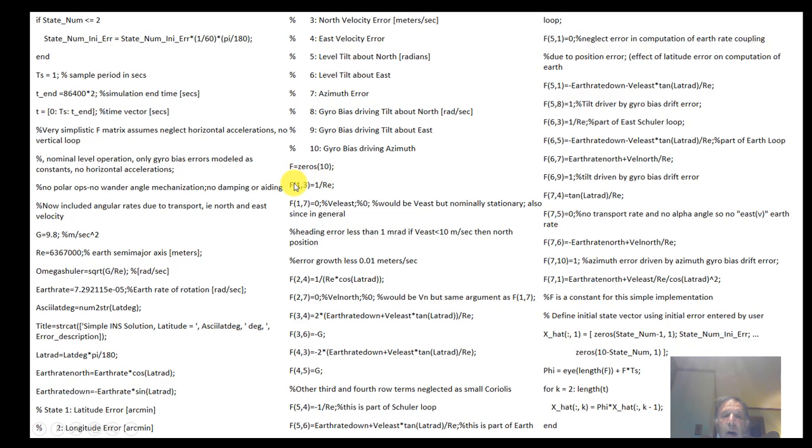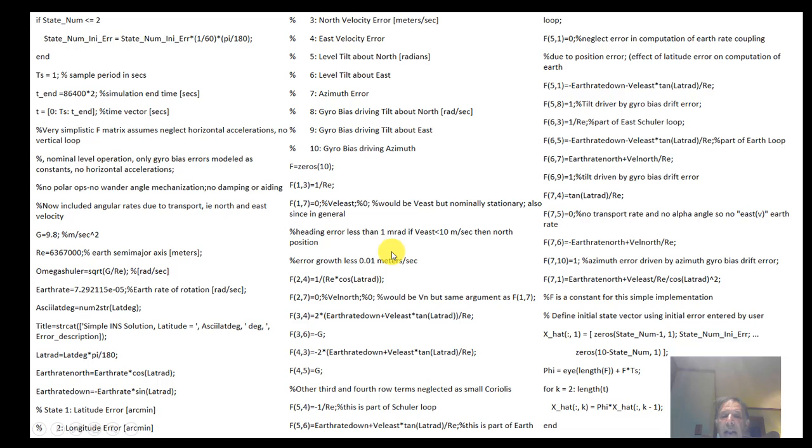So state 1 is the latitude error, and state 3 is the north velocity error. And this says that delta L dot, the rate of change of the error in latitude, equals the north velocity error divided by the radius of the Earth.